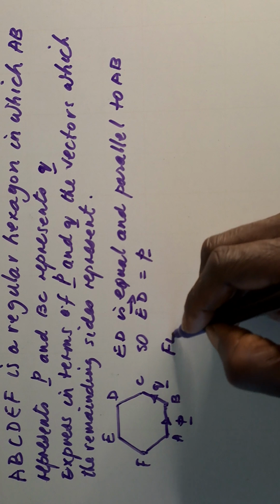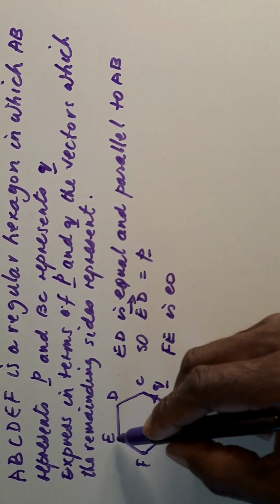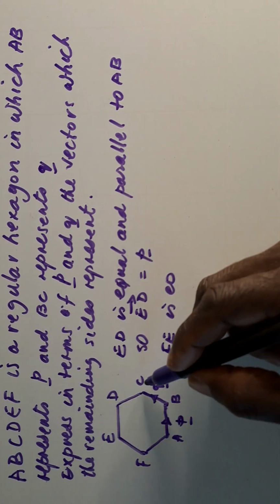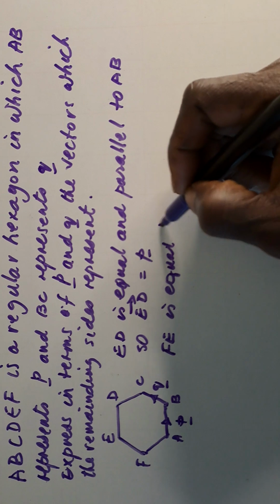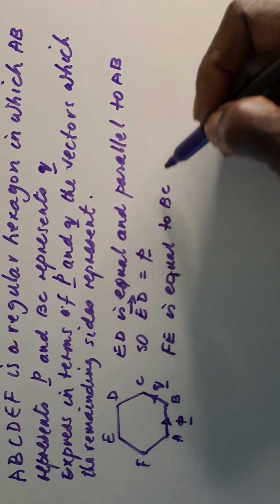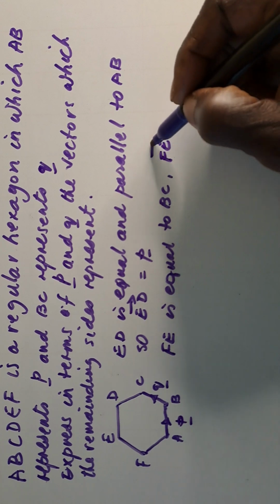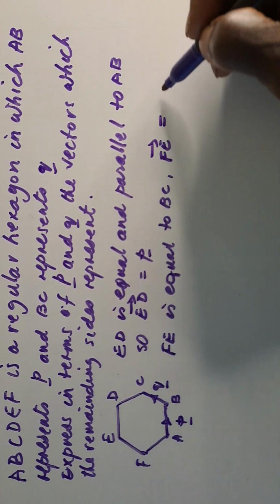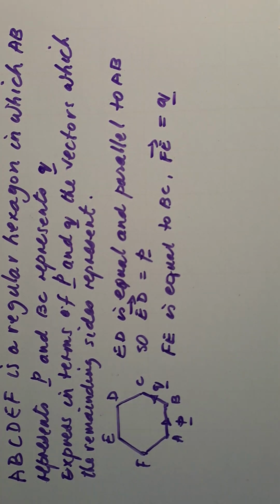Similarly, we have that FE is equal to BC. So we can write that FE is equal to, or is represented by, the vector Q. Now again, FE is the length.